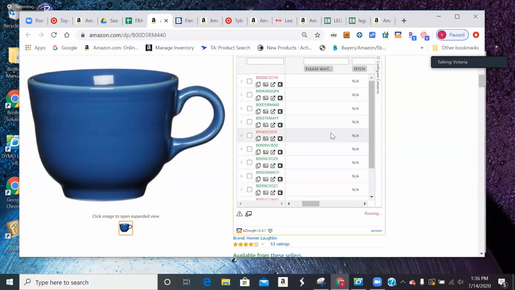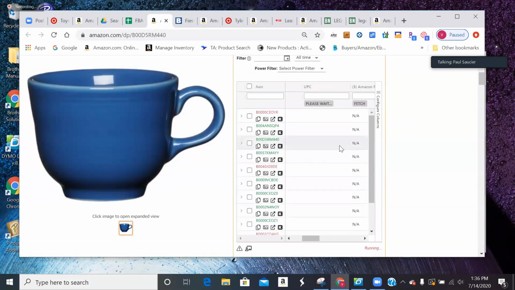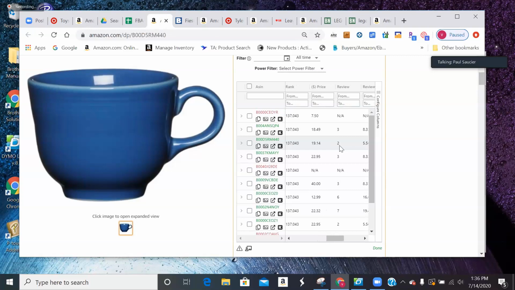This is AZ Insight, guys. We can provide a link for this. It's just the calculator that we like to use. Another great one is called Rev Seller. Just use one that provides the data that you need.